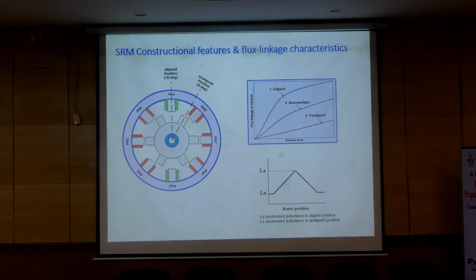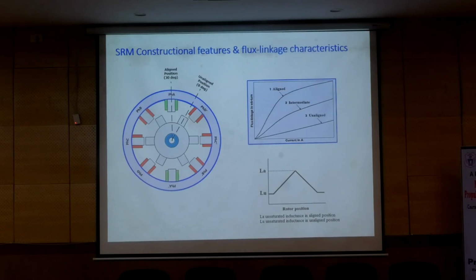So the control of this switched reluctance motor is not straightforward, and we need to design an effective controller. The rotor position also needs to be sensed, for which a feedback system is required, and depending on that the controller parameters need to be designed.